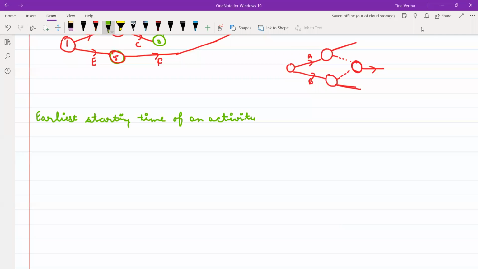Earliest starting time on activity of node. So this is an activity at a node.